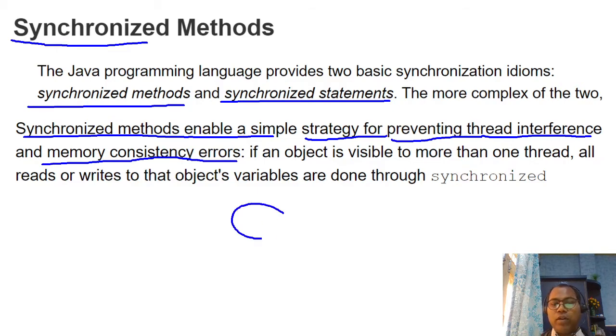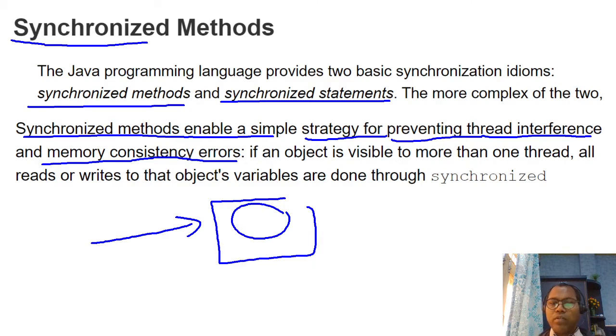Whenever you apply the method level synchronized keyword, you have a simple way to solve these two problems: first the thread interleaving problem, and second the memory inconsistency problem.